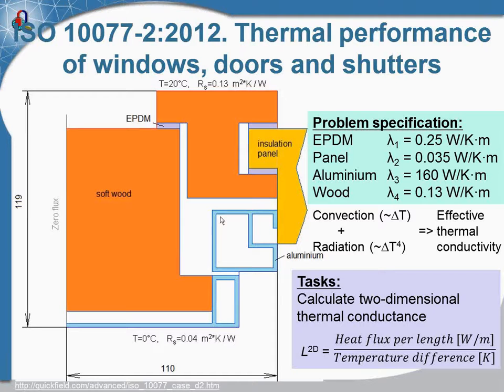Then we find the temperature difference for each cavity. And we calculate the effective thermal conductivity for each cavity from the temperature difference. And then we run the simulation again and repeat the simulations until the process converges.